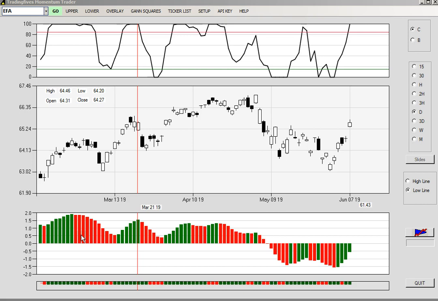But there's only 3 take or pass conditions that can be set up with the Awesome Oscillator. And the first one is dead simple, and that's when the Awesome Oscillator crosses from above 0 to below 0 or below 0 to above 0.